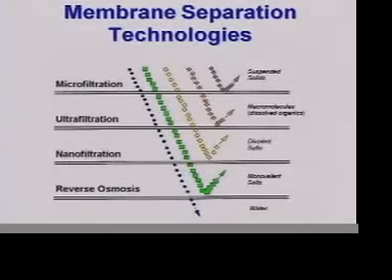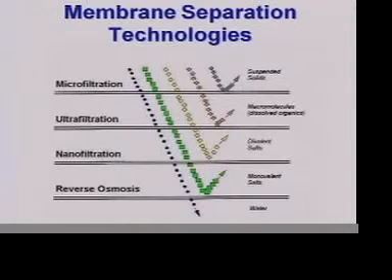And this is kind of a summary of how they fit in there. Microfiltration, removing the suspended solids; ultrafiltration, removing the dissolved macromolecules; nanofiltration, removing the divalent salts; and reverse osmosis, removing all of the salts. And of course, they'll also remove anything that's larger than what their capabilities are.